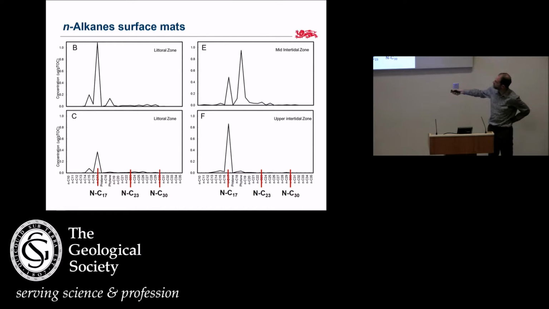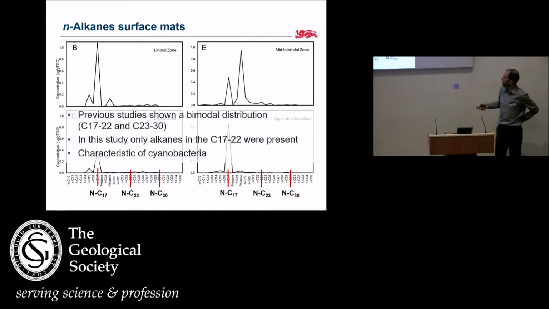So C17 is the dominant chain length. Previous literature showed us a bimodal distribution with dominant peaks at C17 and between C23 and C30. So that's all the previous literature. We don't seem to see that distribution.